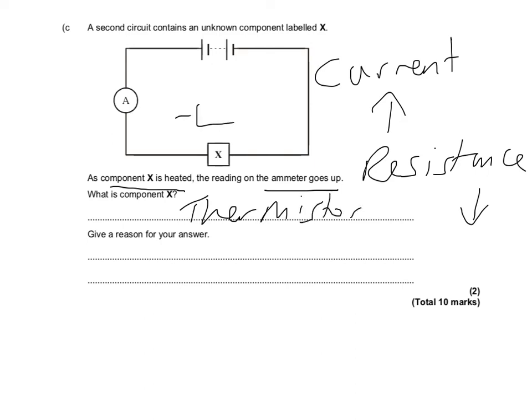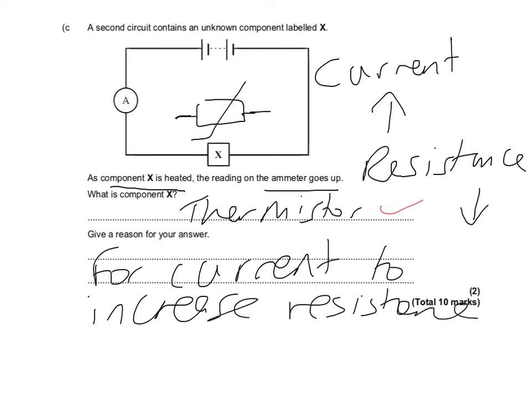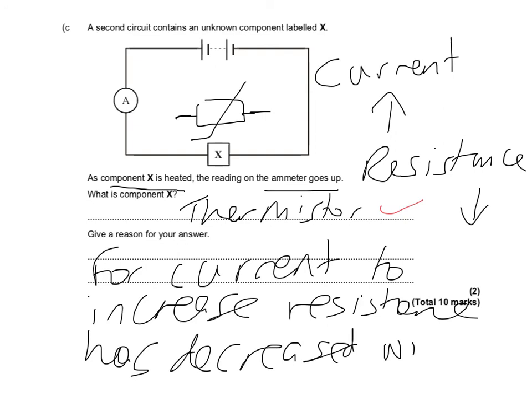You could draw on the thermistor, make sure the arrows are touching, and you get a mark for that, so it's 1 mark for thermistor, and the second mark is for explaining why. The reason is that for current to increase, resistance has decreased with temperature.